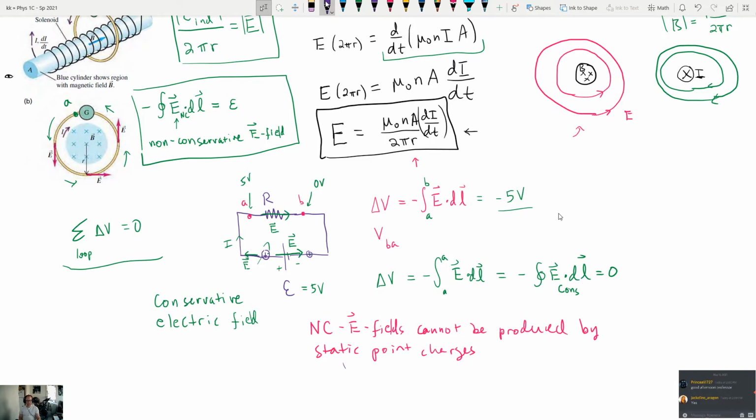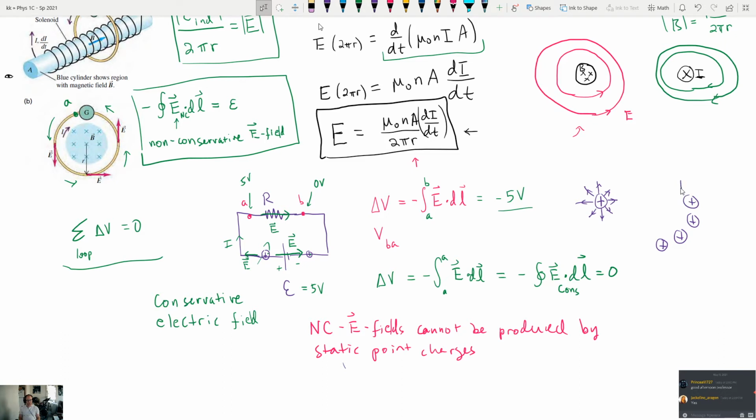But any point charge that I place down automatically has field lines that emanate from it like this, right? So how could you produce an electric field like this? Could you just take positive charges and place them in a ring? Would that do it?